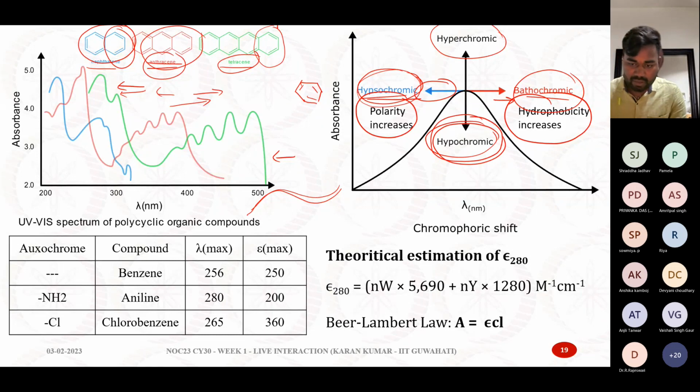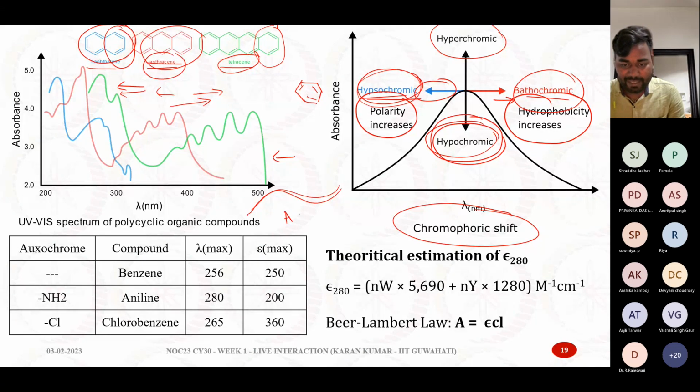Now once you have understood the chromophoric shift, the important thing to discuss is how to calculate the absorption of light using a particular compound.